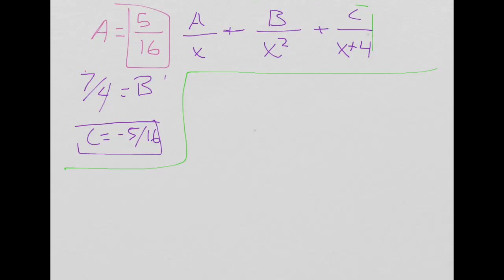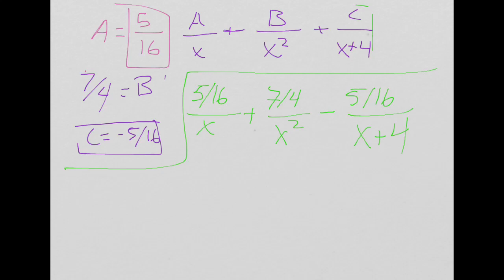So let's go ahead and finish this problem up. We should get 5 over 16 over x plus our value for b, which was 7 over 4 over x squared, plus our value for c, which is negative, so I'm just going to write it as minus 5 over 16 over x plus 4.